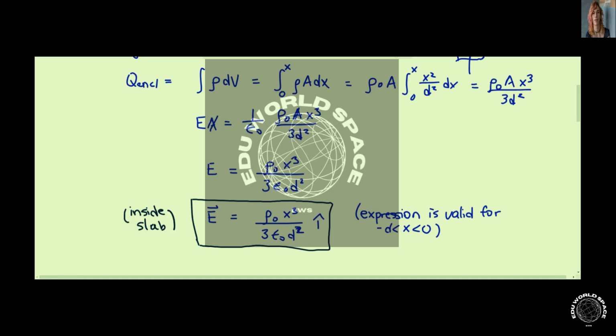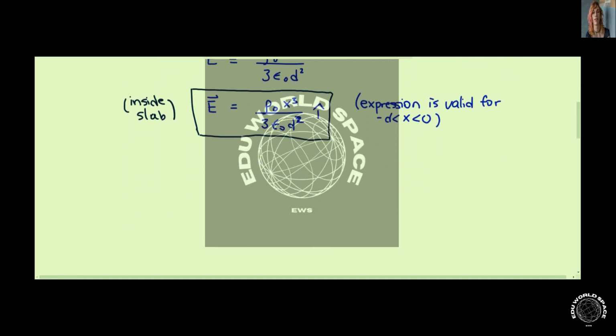Now we do the case for outside the slab, so mod x greater than d.